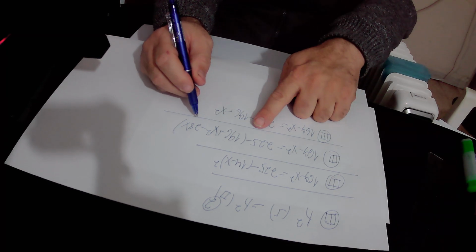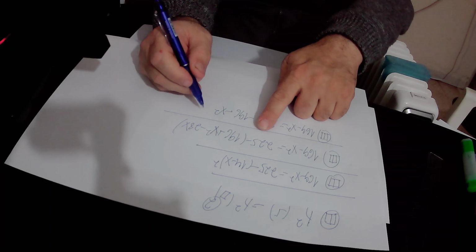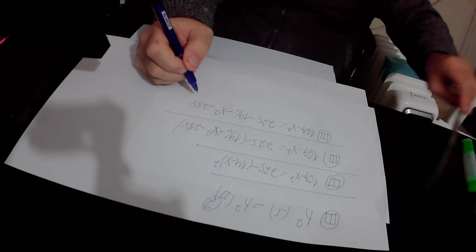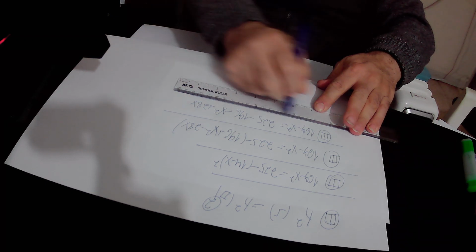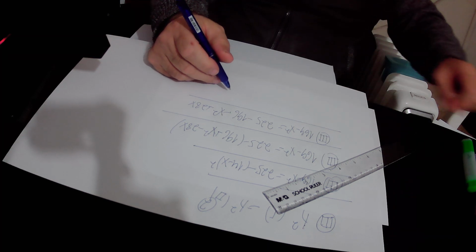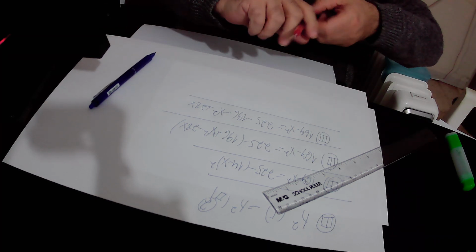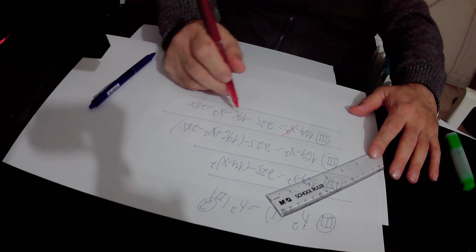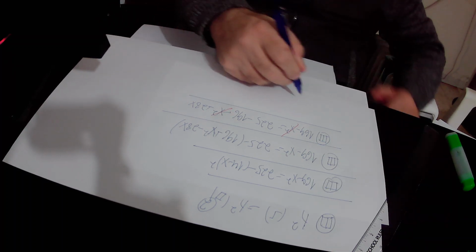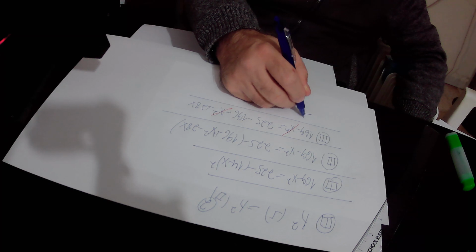Minus and minus is plus, so it is plus 28x. Here we have a minus x squared on both sides of the equation, so minus x squared will get cancelled. So on this side of the equation we are left only with 169.